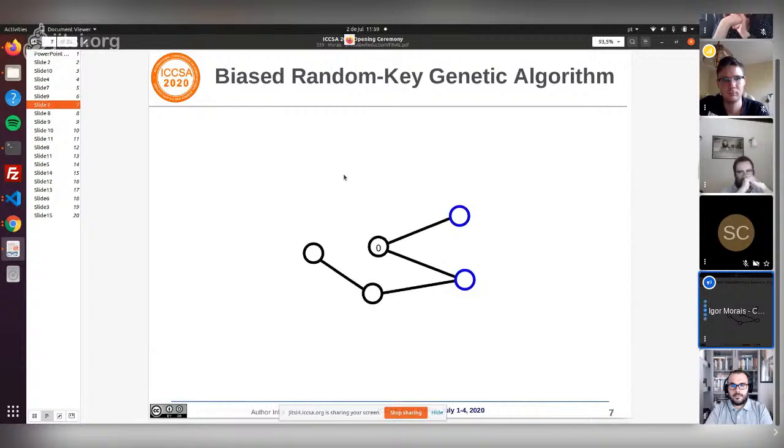Then it has two possibilities, and we choose one at random and put the label 1. Then the label 2. Then the only possibility is to put the label 3, and then we put the label 4. It's the last one. This procedure is repeated until the size of the population is reached.